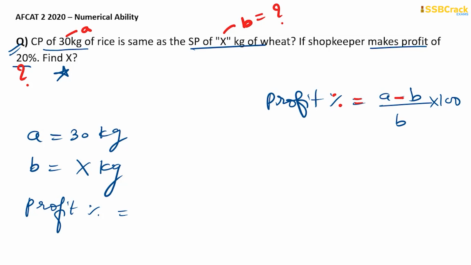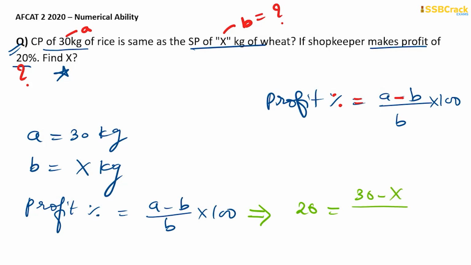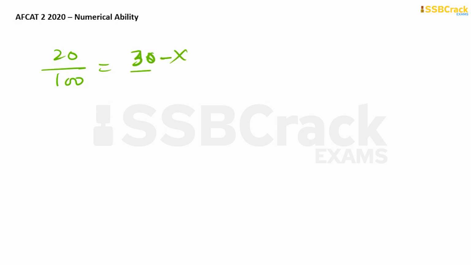So profit percent equals A minus B by B into 100 is the formula, right? Now we substitute the values, so we have profit percent 20 equals 30 minus X upon X into 100. I would like to take this on the next line. So 20 divided by 100 can be written as 30 minus X upon X, right?